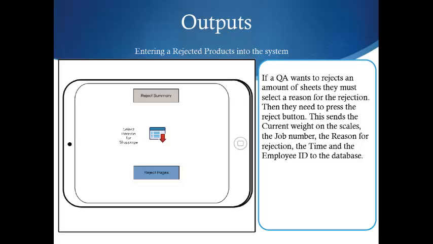That way, the reason for the rejection will be recorded and will allow further data analysis of it. The reason for the rejection, the time, and the employee's ID, as well as the job number, will be entered into the database if the employee presses the reject button, as well as the current weight on the scales.